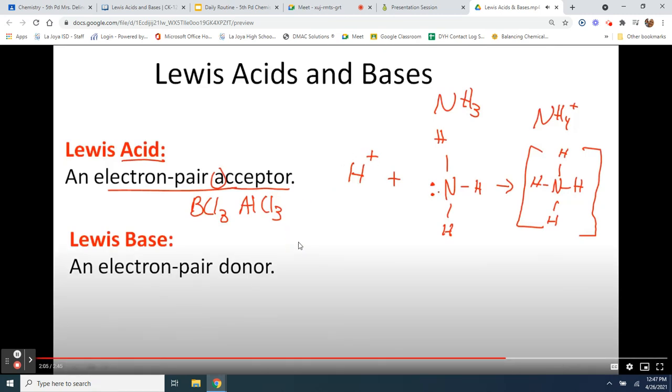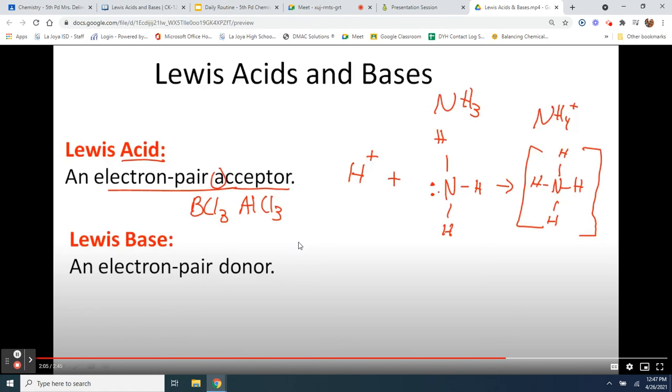This reaction is easy for figuring out who's the Lewis acid and who's the Lewis base, because do you see any electrons on hydrogen that it can donate? No, right? There are no electrons. So it's easy to see that it's going to be the acceptor, the Lewis acid.